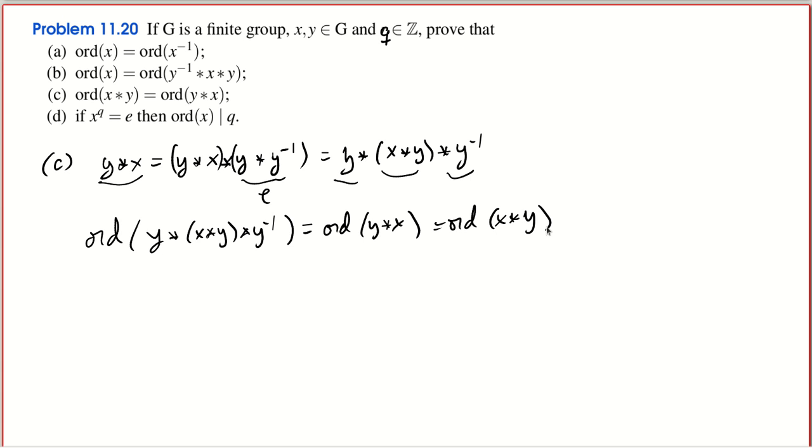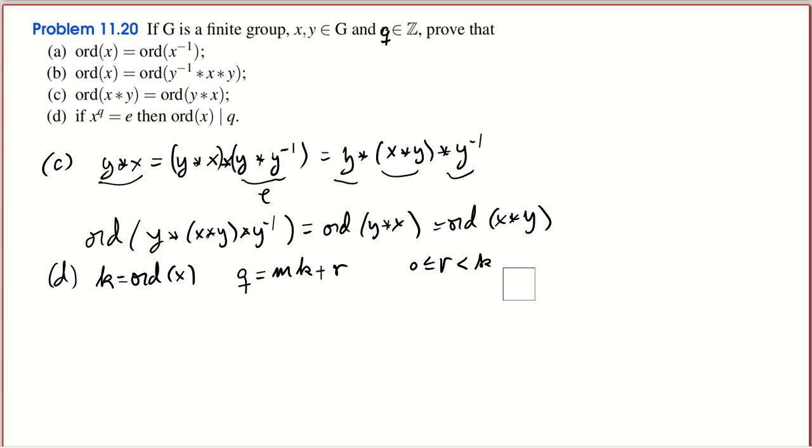And finally, we need to prove this. Again, let me just call k the order of x, just for simplicity. What we're going to say is, if we divide q by k, we will have an m multiplied by k and an r, where r is smaller than k.